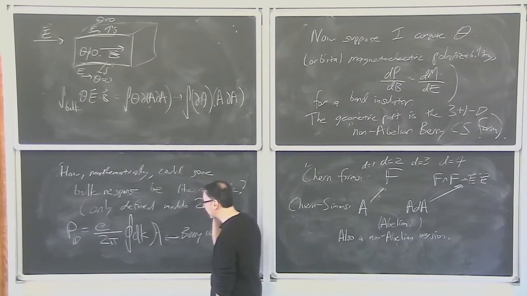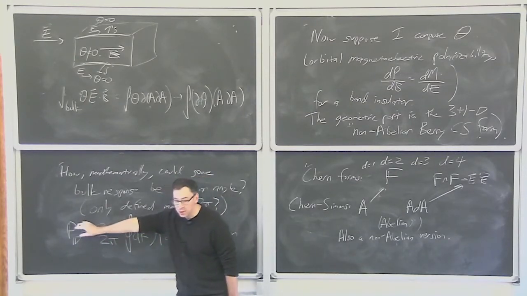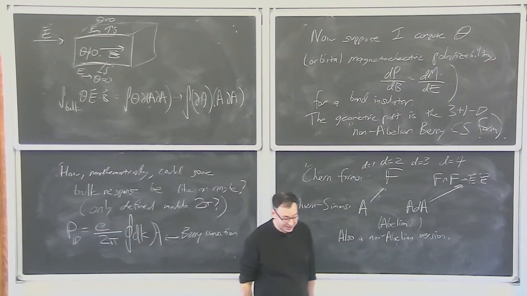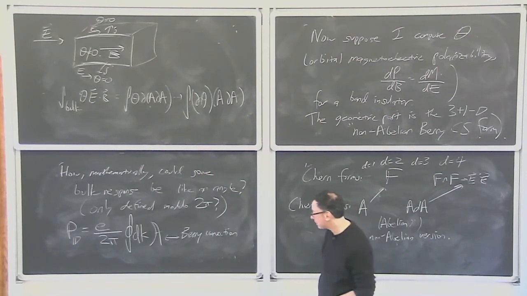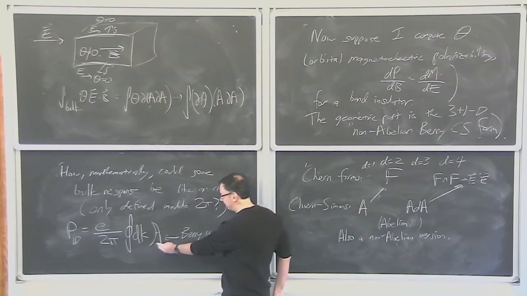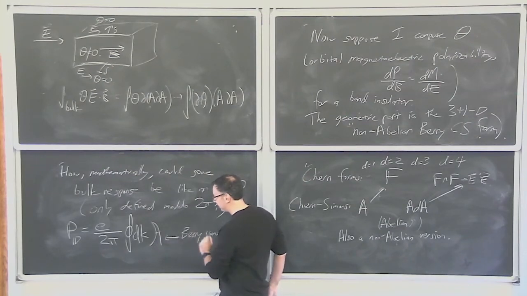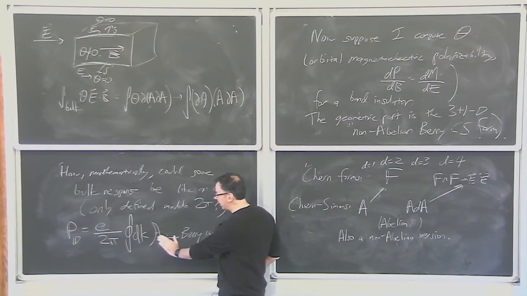So this says, if you like, polarization is something you could measure with real electric fields applied to your system. So that is an electromagnetic response, but it's given by a simple integral over this Berry gauge field, Berry connection. But there's actually an ambiguity in this formula.